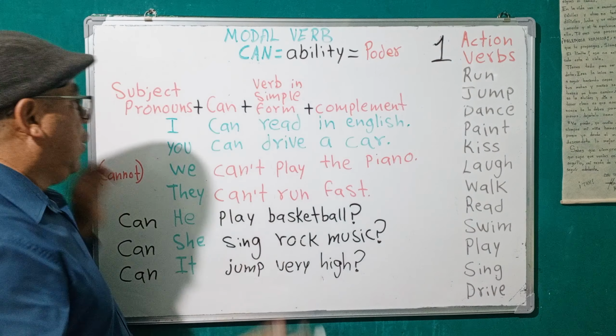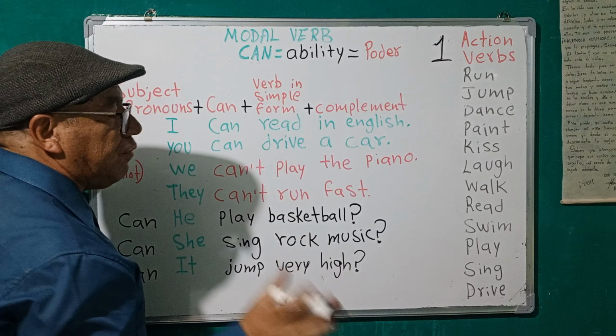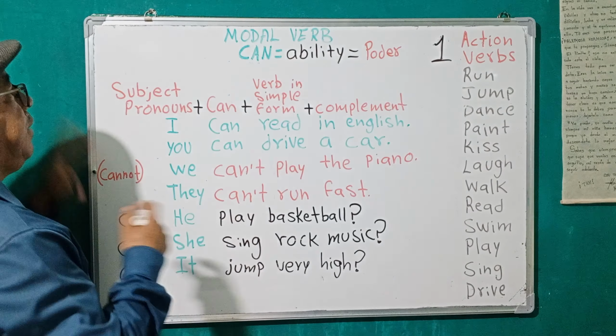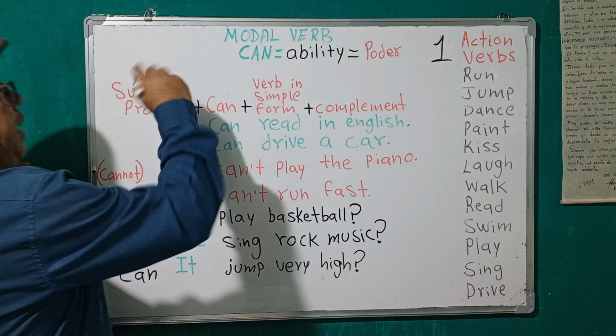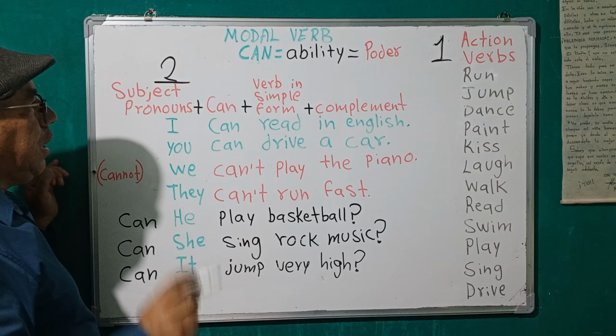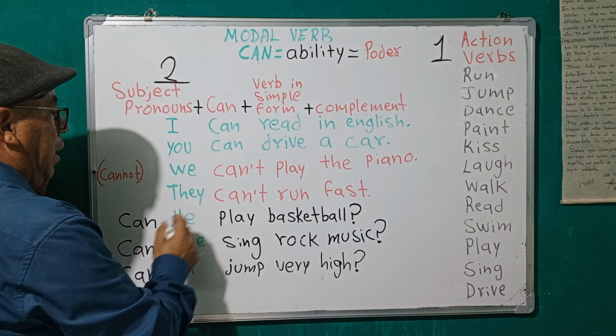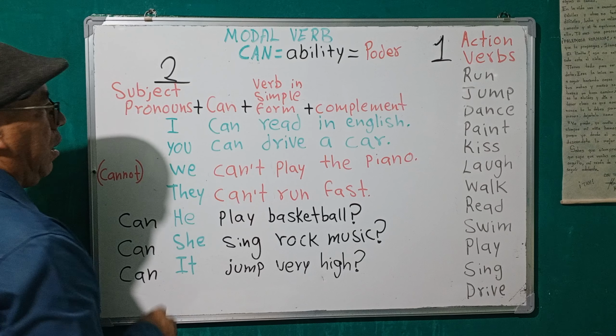So the next thing you're going to do as a teacher is, for this, we need the subject pronouns. Step number two, write the subject pronouns. We are going to use I, you, we, they, he, she, it.